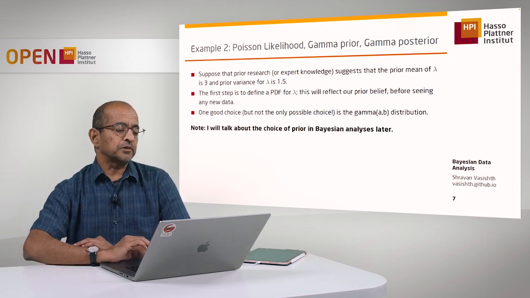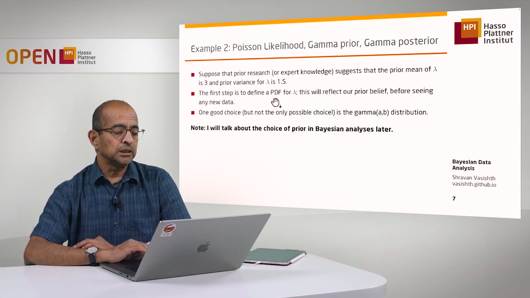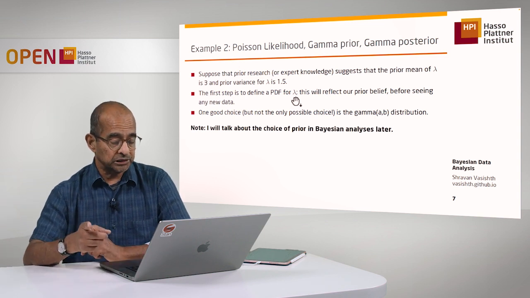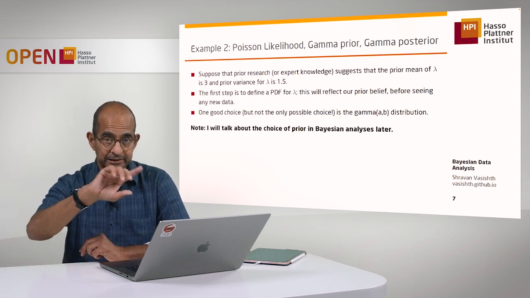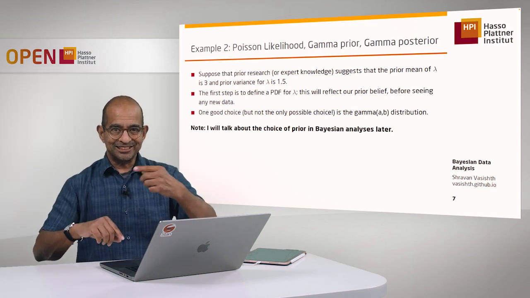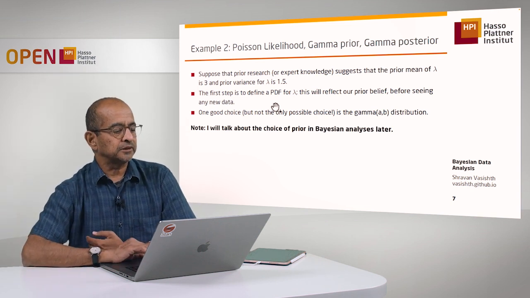So the first step that we will take is we're going to have to define a prior distribution, a PDF, for the rate parameter lambda in our Poisson distribution, right? Because we're going to carry out that multiplication, likelihood times prior. The parameter is now not theta but lambda, so I'm going to have to define a prior for lambda, right?